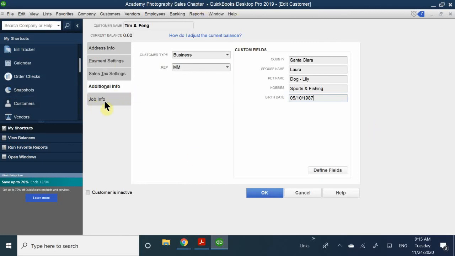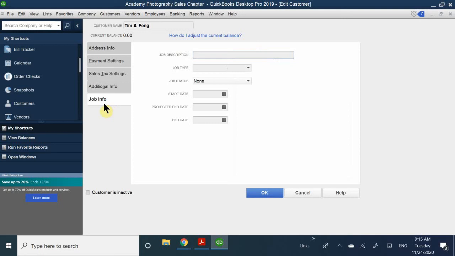Now, when we talk about jobs, this is more about when you are making purchases of something for someone. When we talk about chapter 9, billable time and expenses, we'll talk about what a job entails.